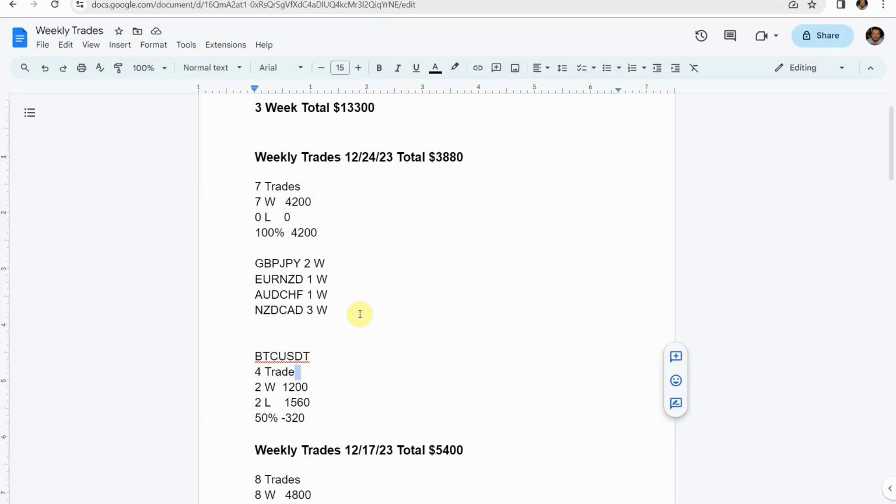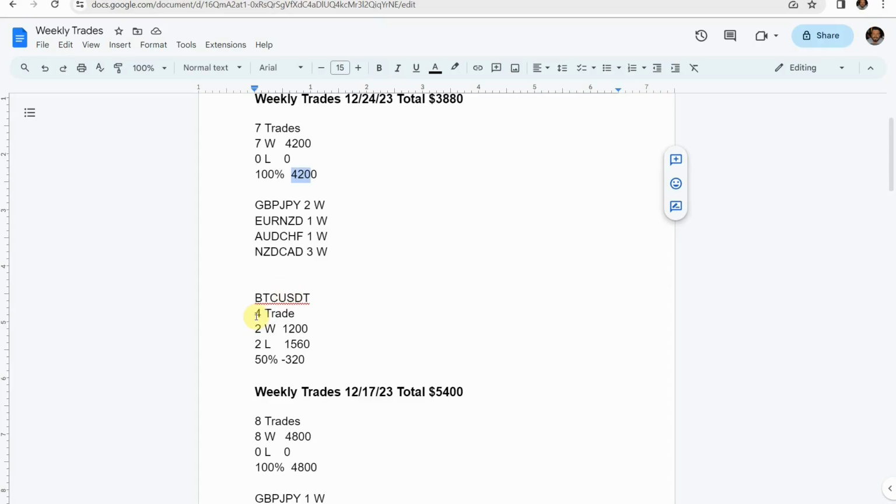And so for last week, we had a total of 7 trades with the Forex pairs, 7 winning trades, giving us a 100% win rate, and a gain of $4,200 if you were looking to gain that $600. On the crypto coin here, we had 4 trades, 2 winning trades, 2 losing trades, a 50% win rate. We would have been down $320.